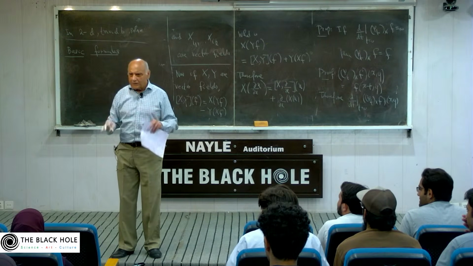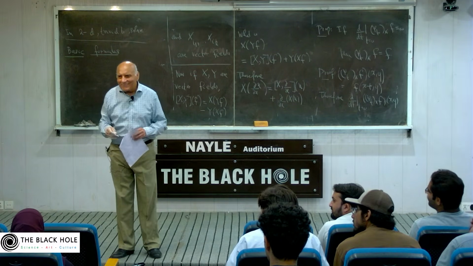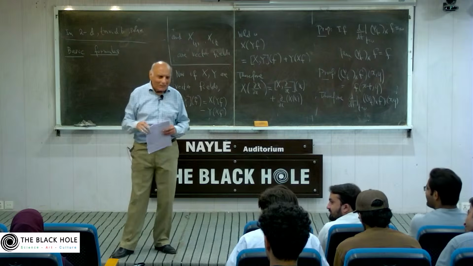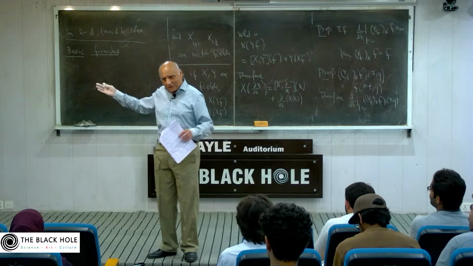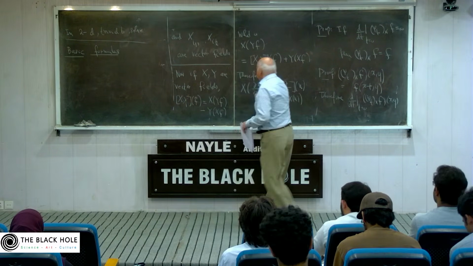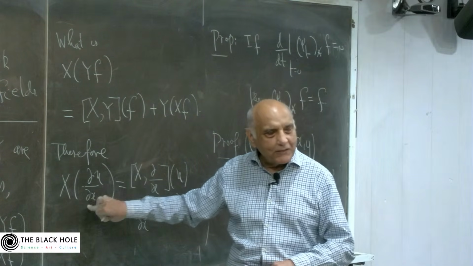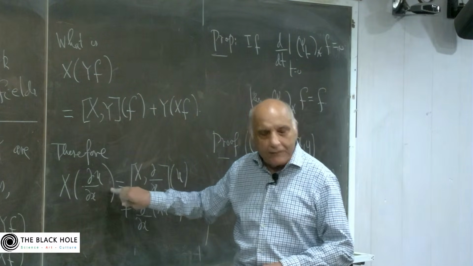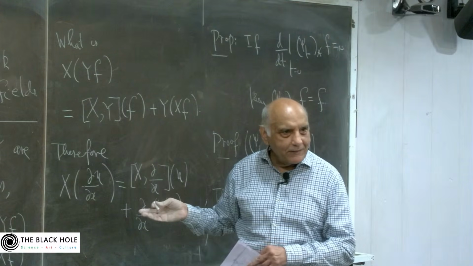You have to go into jet space and so on, but you can do it. For this elementary thing, you don't really need it. You can do everything by using this formula. I've defined the action of a vector field X on functions. And then from here you can define the action on any higher derivative, right?